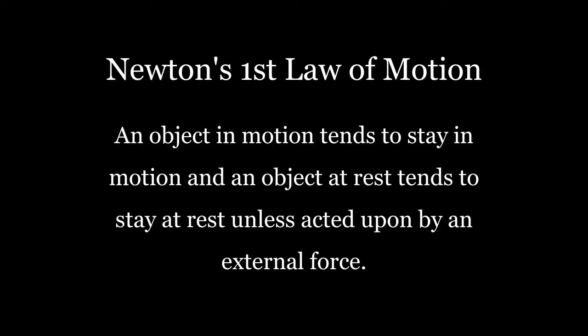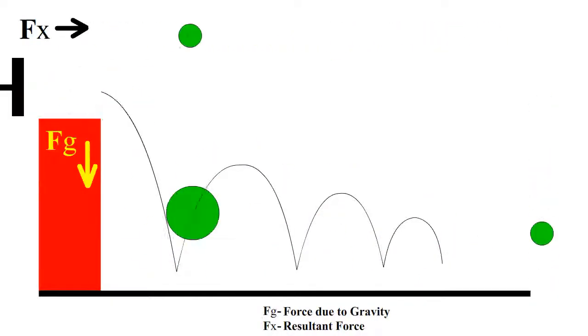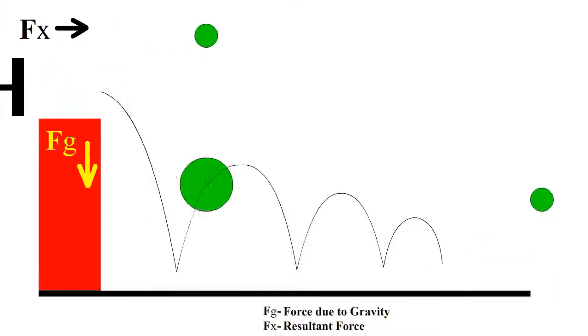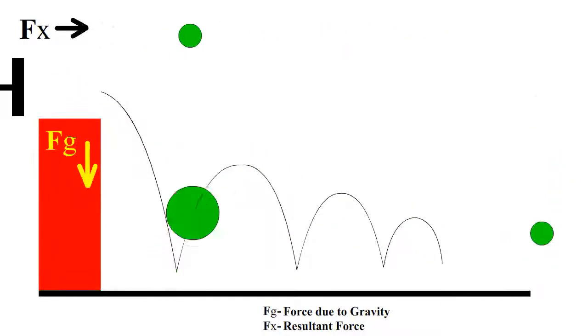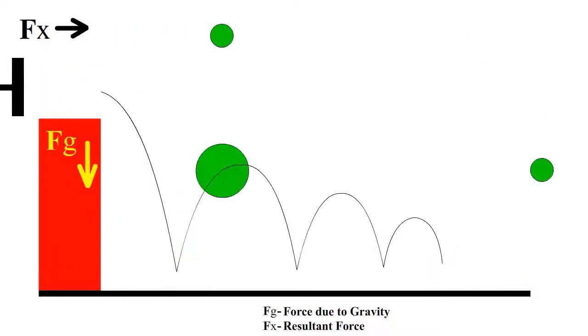So this piston in this example is that external force and it is acting in the x direction as denoted by Fx, and the arrow is given. Now when the ball was at rest, it was still acted upon by the force of gravity, but because this red block was taking the weight of the ball, it was stationary.